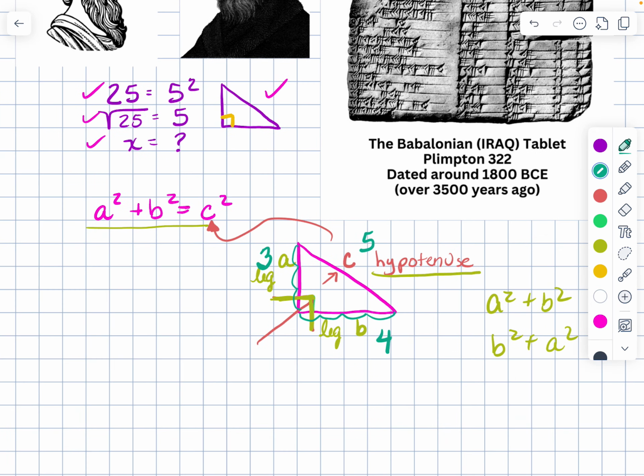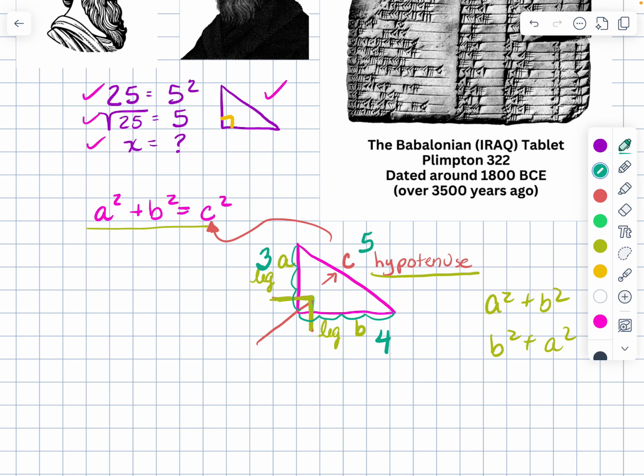Okay, so knowing this information, let's go ahead and solve our first problem using the Pythagorean theorem. So A, we have labeled as the length of 3, so I'm going to say 3 squared for A. Our B is 4, so 4 squared for B, and our C is 5, that's our hypotenuse, and that'll be 5 squared.